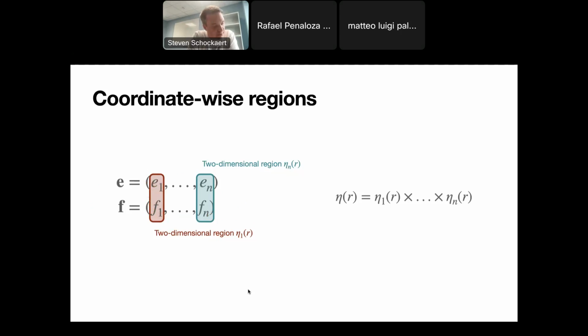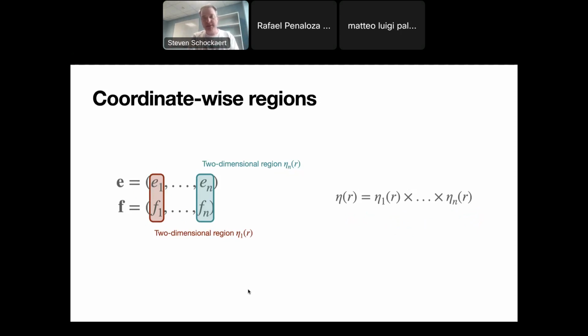We're just going to first compare the first coordinate of E with the first coordinate of F, and we'll have a two-dimensional region that constrains the joint values these two coordinates can have if E and F are instances of some relation R. We'll have another region for the second coordinate, and so on, so we'll have n of these two-dimensional regions. In the framework of region-based embeddings, the region that represents the relation R itself is then simply the Cartesian product of these n two-dimensional regions. That dramatically simplifies the whole framework.